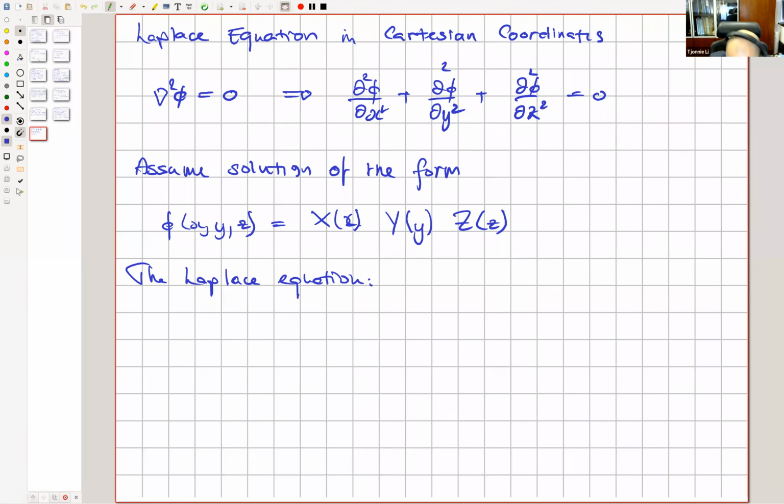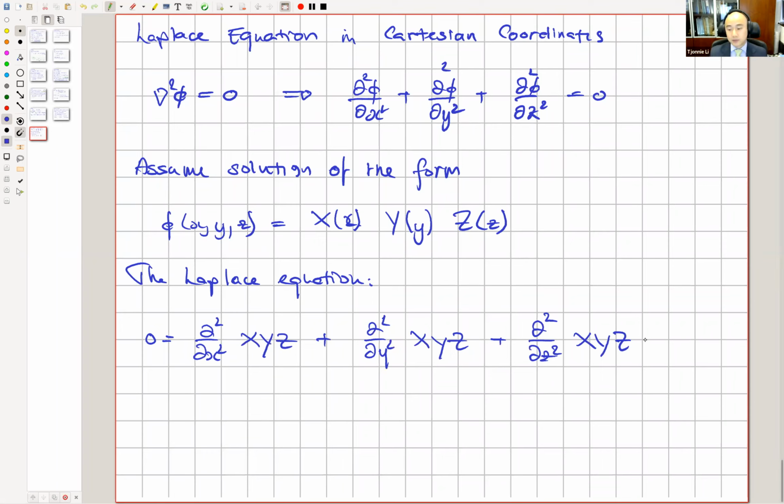becomes, well, 0 equals the second partial derivative in x of X, Y, and Z, plus the second partial derivative in y of X, Y, and Z, plus the second partial derivative with respect to z of, again, X, Y, and Z. Okay. And so now we know that each of these functions X, Y, and Z only depend on their respective variables.